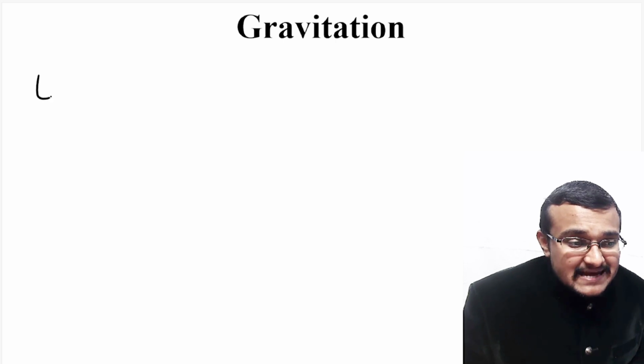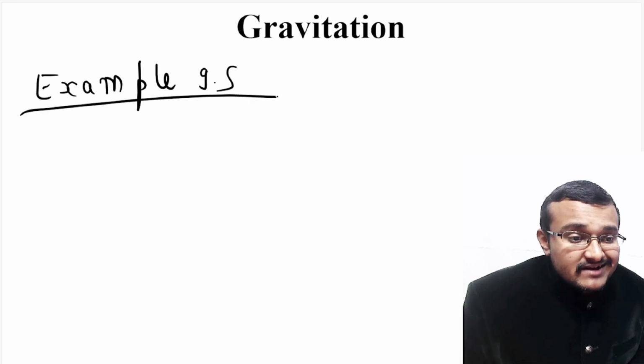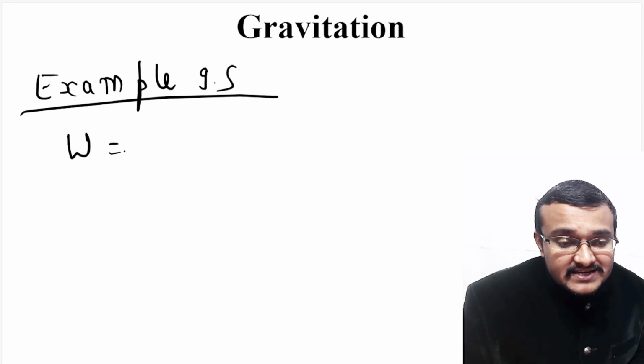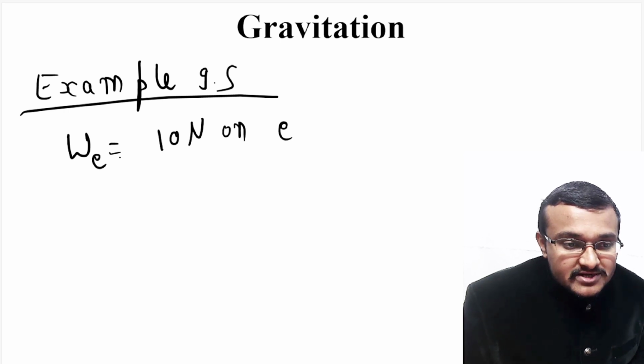Now coming to example 9.5. In example 9.5, they have given an object whose weight is equal to 10 Newton on Earth's surface. So this weight is on Earth's surface, that's why I'm taking WE.